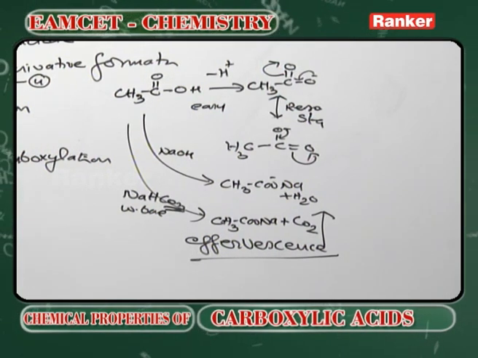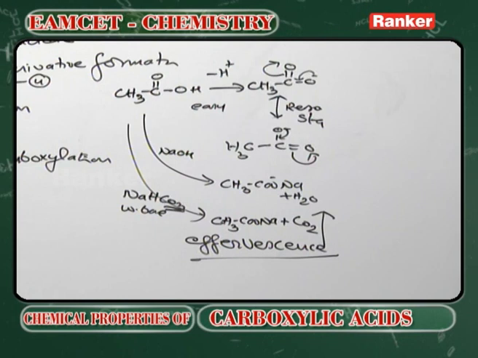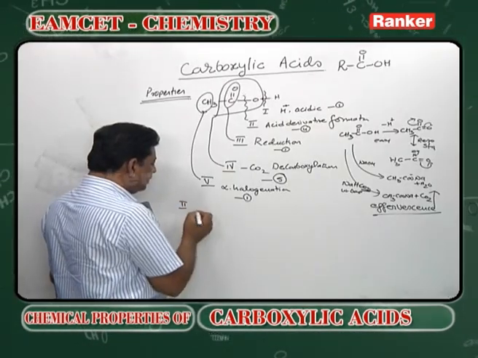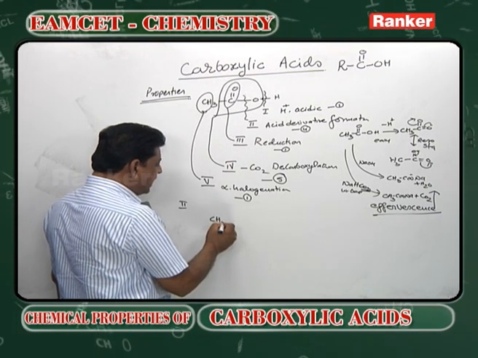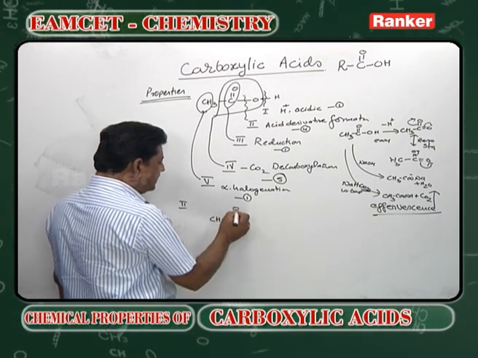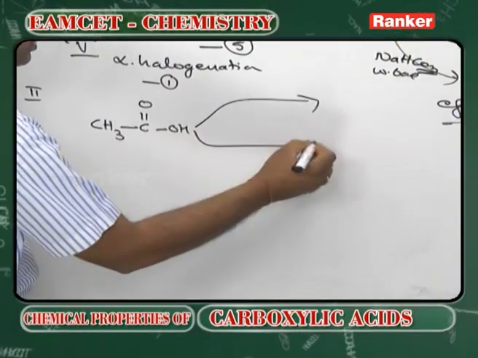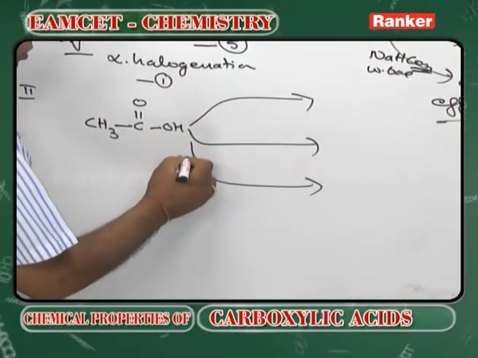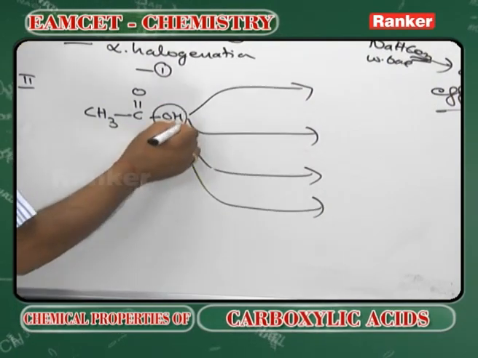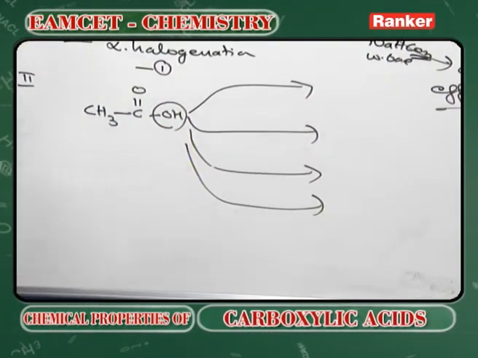Okay. Now let us take acid derivative formation, the second reaction. The acetic acid will react with 4 different reagents and give 4 different derivatives. In all the derivatives, what is happening? The OH will be replaced and a new group will be entering.